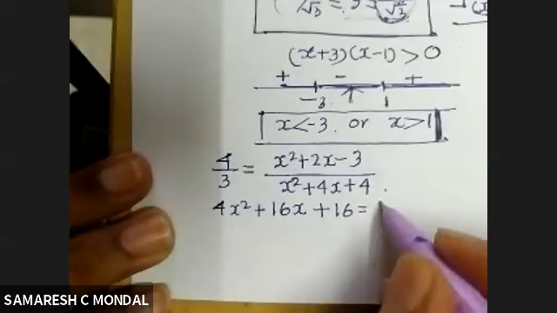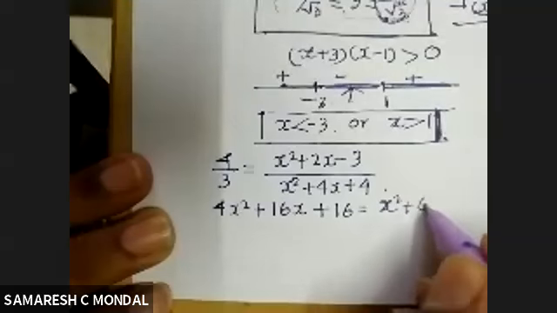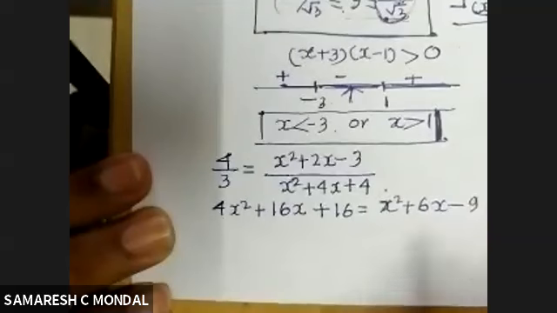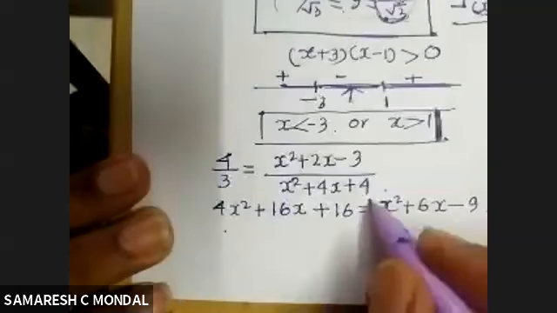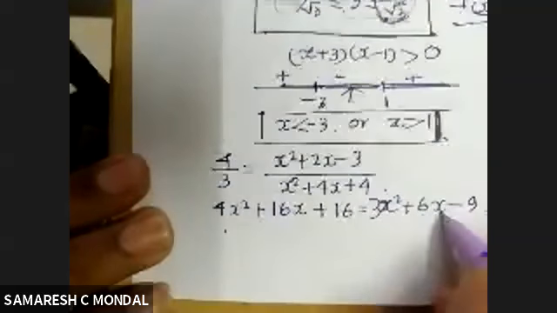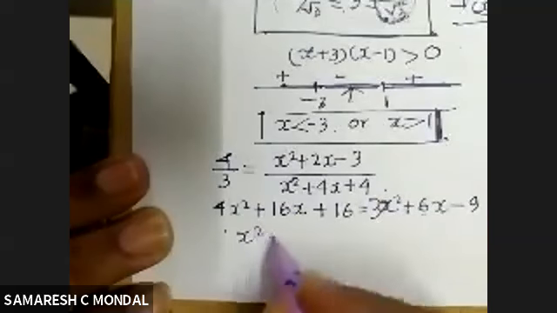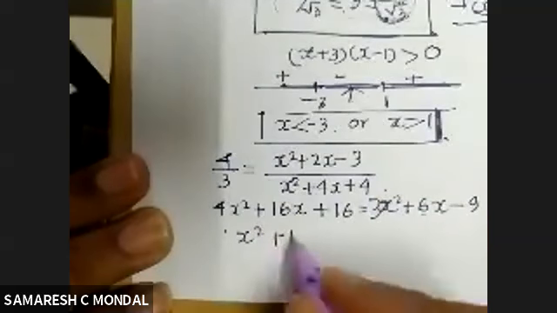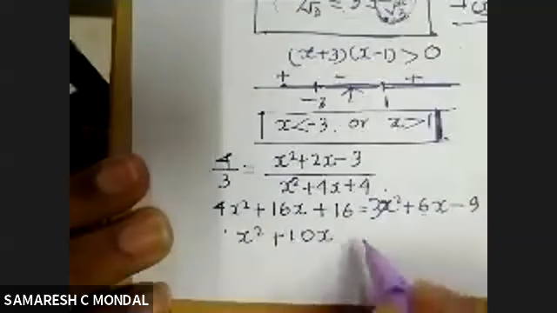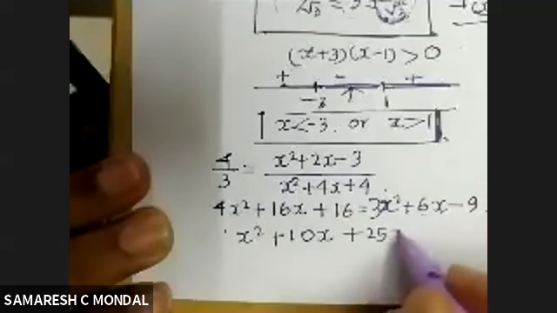is equal to 12x square plus 6x minus 9. If I bring everything this side, sorry, it would be 3x square plus 6x minus 9. So you'll get x square plus 10x plus 25 is equal to 0.